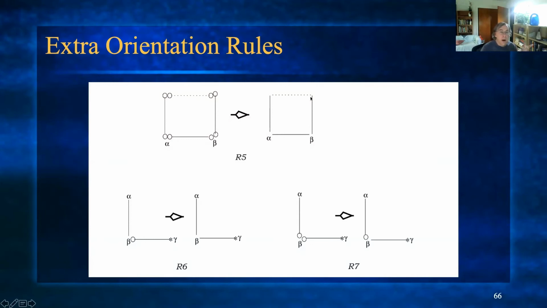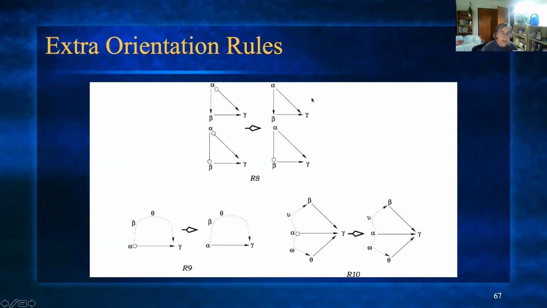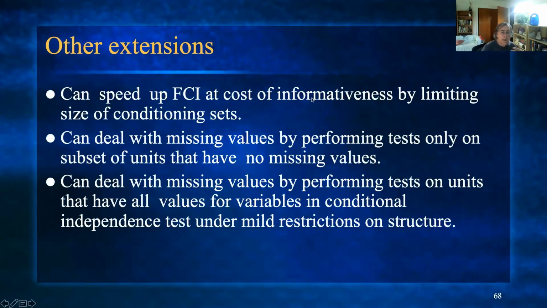But this can be an arbitrarily long path. So I can run the same story again, and now I've not only dealt with confounding, but with selection bias.